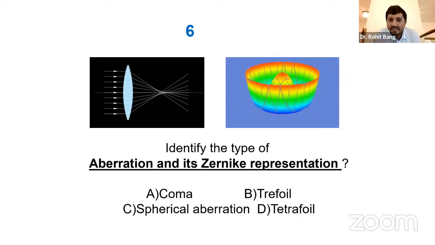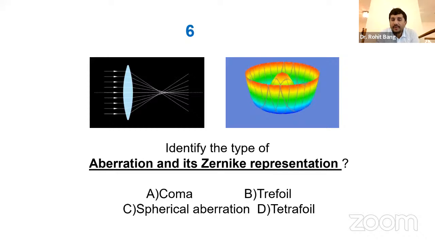Identify the type of aberration and its Zernike representation. Now we all know it's not only about the Snellen chart and visual acuity, but we have been talking in terms of aberrations. So whether it's a coma, whether it's a trefoil, whether it's a spherical aberration, or whether it's a tetrafoil.